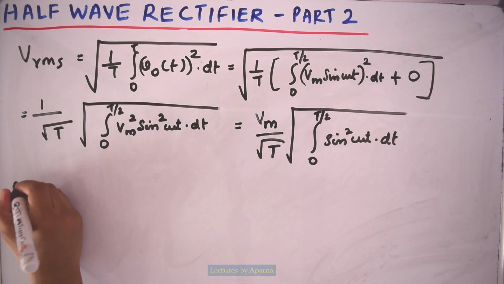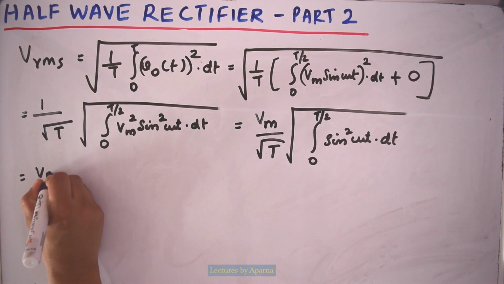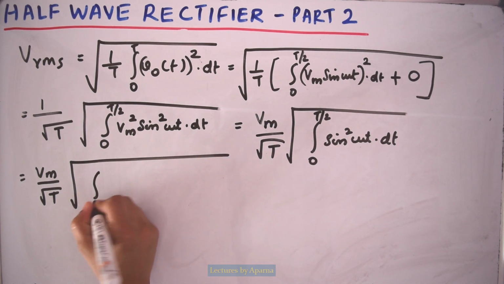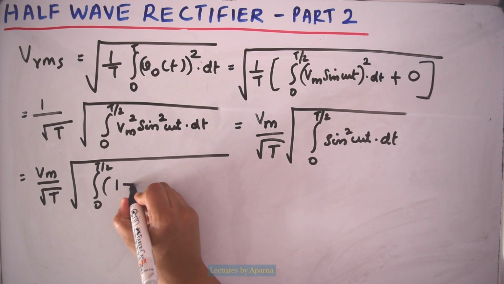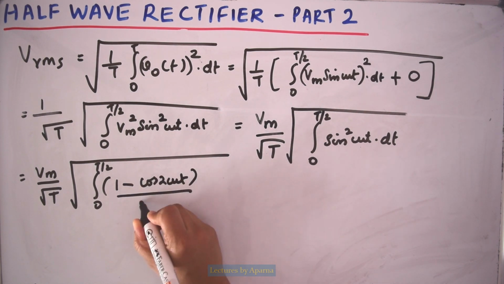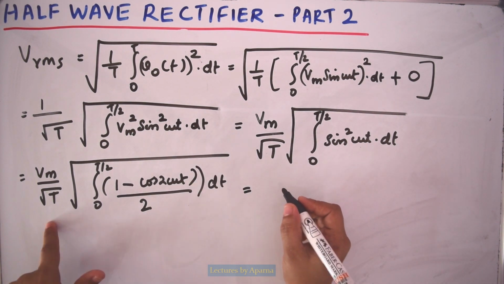Sin square omega t can be written as 1 minus cos 2 omega t by 2, into dt.